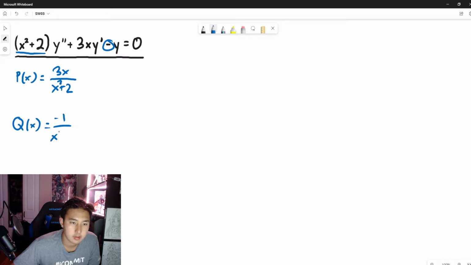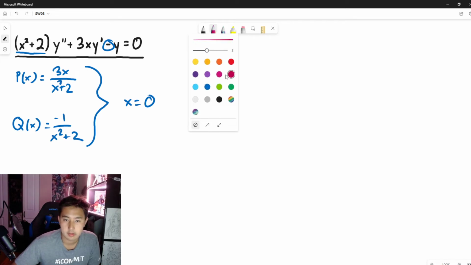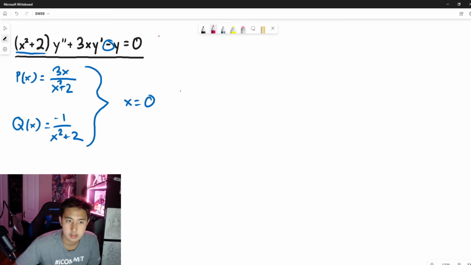Over 2. And then with this, if we plug in 0 as our ordinary point, we see that these are analytic functions. So we can go ahead and solve like this. We'll first start by taking the power series as our solution y.